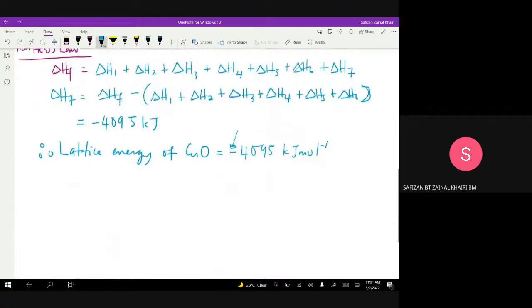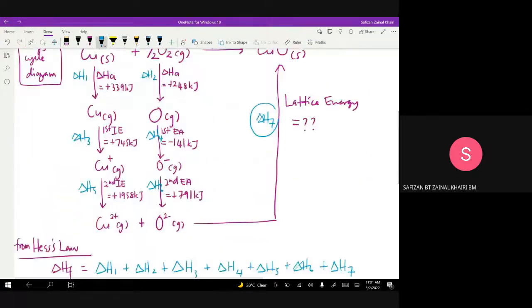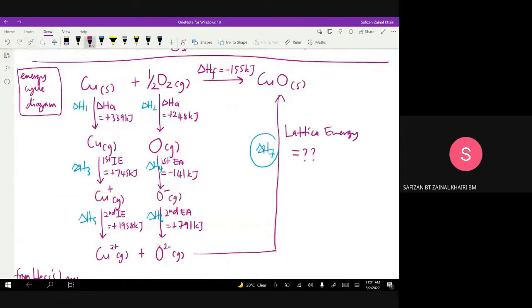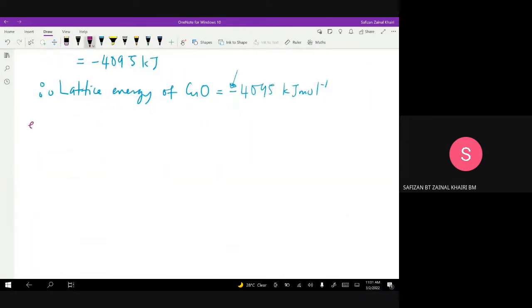Okay, saya tunjukkan second type of Born-Haber cycle. Second type is a energy level diagram. Second type of the Born-Haber cycle. Kamu boleh gunakan dua-dua lah.